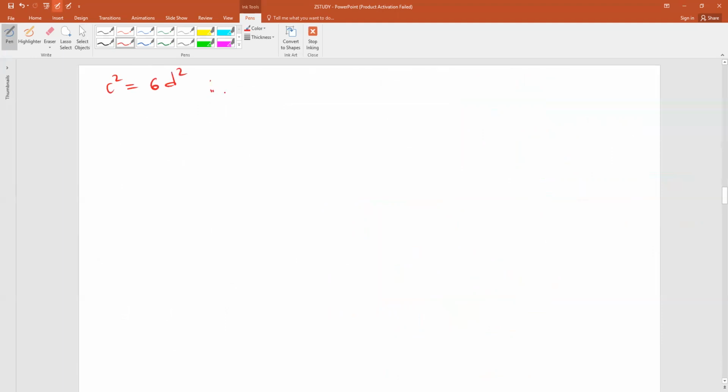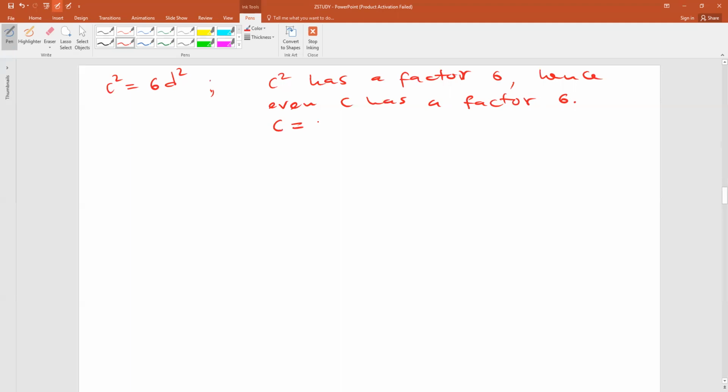So we are saying c squared is equal to 6d squared. This implies that c squared has a factor 6. Hence, even c before it was squared has a factor 6. So c will be written as 6e, where e is also an integer.